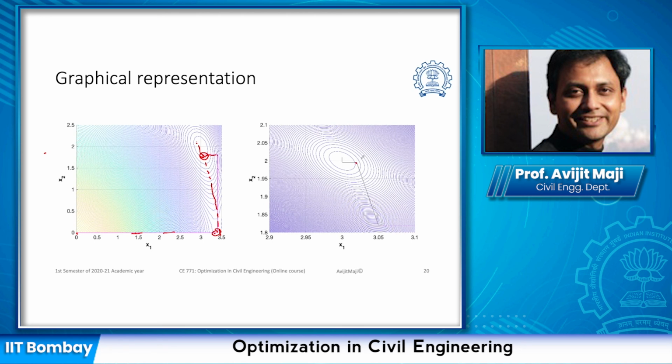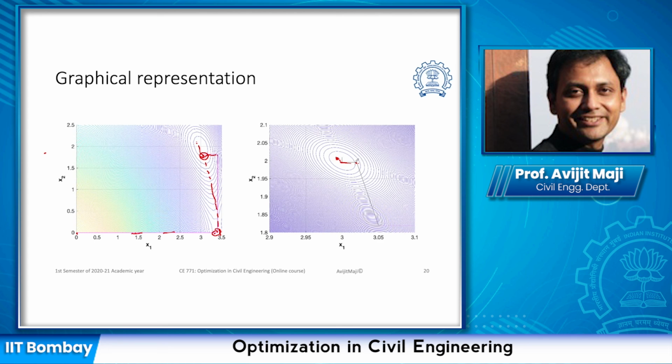This is the optimum point, and then from here again we are going to look into the second direction, which is parallel to the first variable, and from this location we'll be again searching in this direction, which will give us some point here.